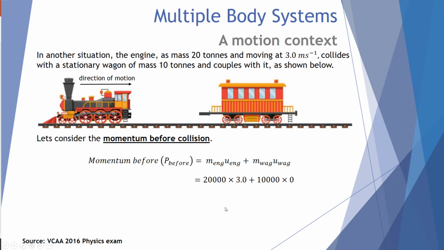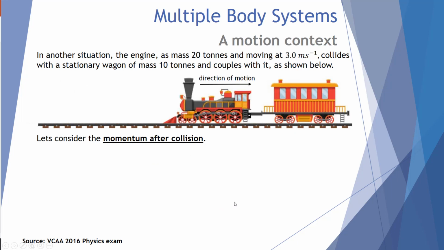So the mass is 20,000 kilograms. It has an initial velocity of 3. The wagon is 10,000 kilograms with an initial velocity of 0, which means the wagon contributes absolutely no momentum. 10,000 times 0 gives me 0. So in total, the momentum before is coming all from the engine, and it's 60,000 kilogram meters per second.